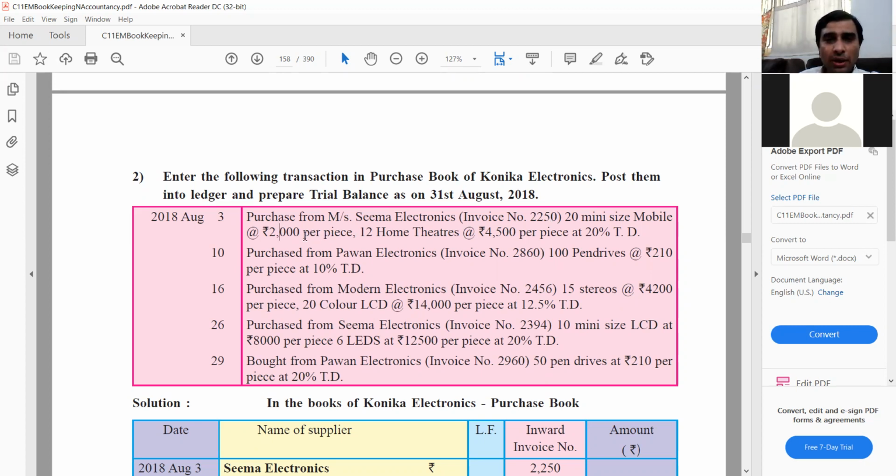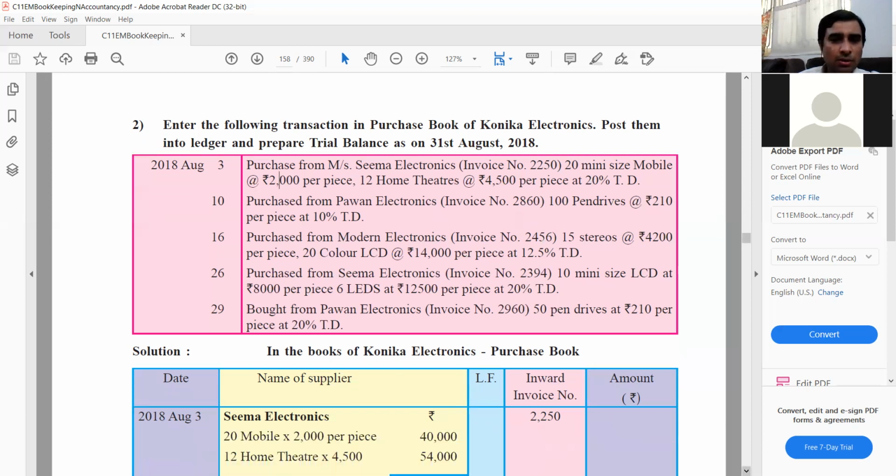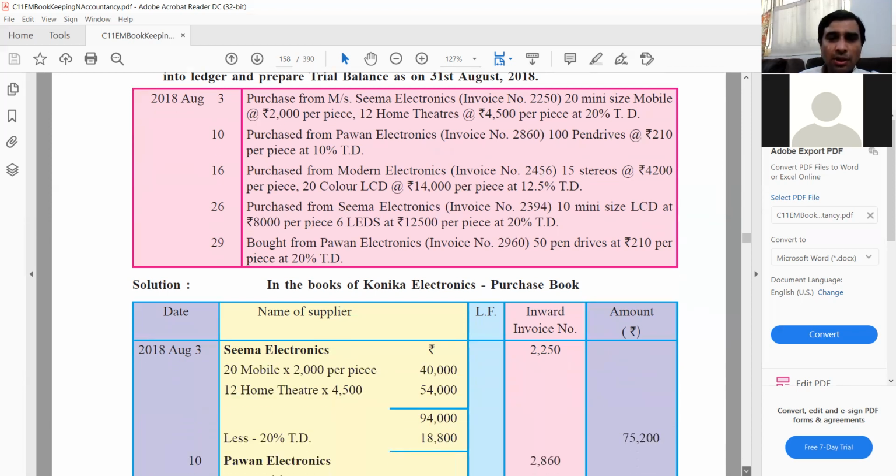On the full price there is a 20% trade discount. So on 94,000, you will get a trade discount of 18,800, so that will become 75,200. There it is, 75,200. They have given the working here.